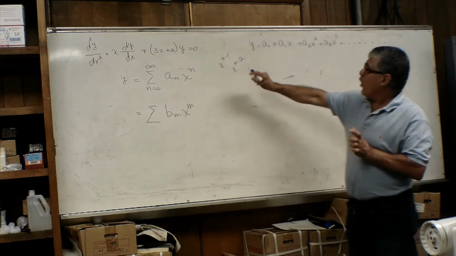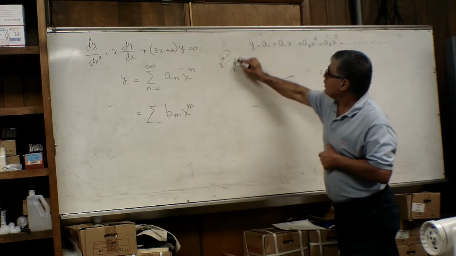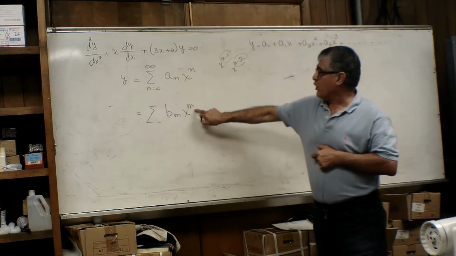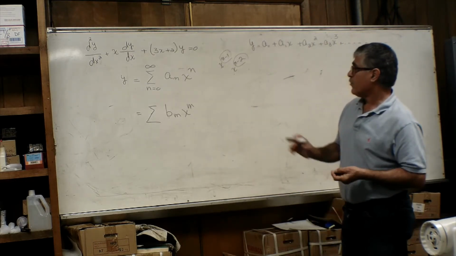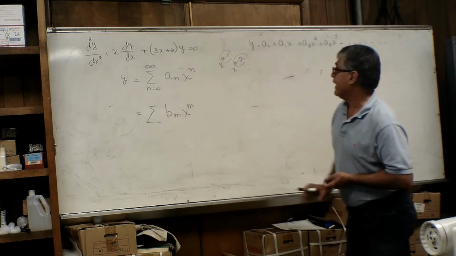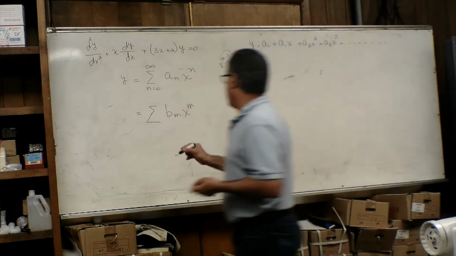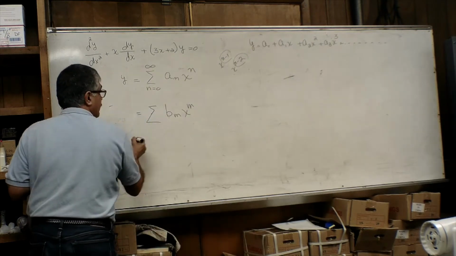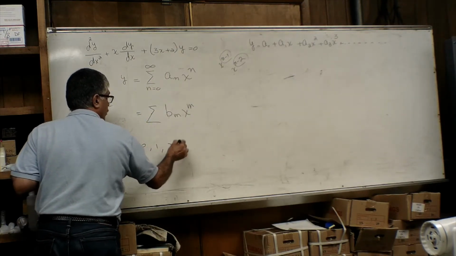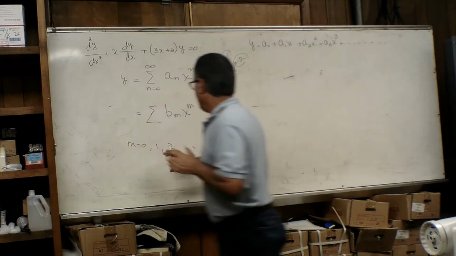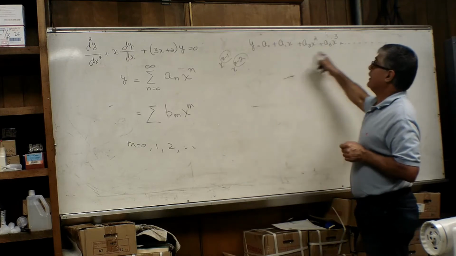We don't want our exponent to be in this form. We want our exponent just to be like this. This is the next step. Then, for different values of n, starting at n equals 0, 1, 2, and so on, we will be able to find these coefficients.